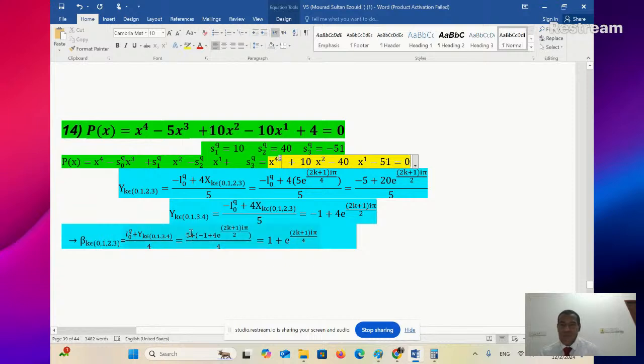So it will be 5 plus yk, which you calculated is minus 1, plus this one, exponential (2k plus 1) i pi over 2. Therefore, 5 plus negative 1 will give you 4. 4 divided by 4 is 1. Plus 4 divided by 4 is 1, and that will be exponential (2k plus 1) pi over 4.